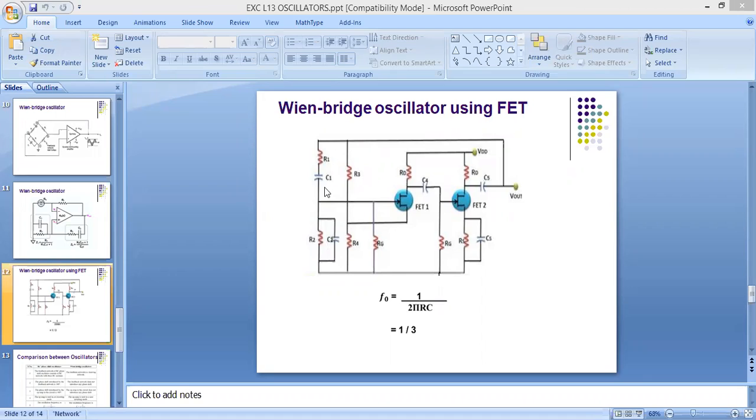This capacitor can change the frequency continuously. We can use this capacitor as a variable capacitor. If we draw a slanting arrow, we can say this capacitor is a variable capacitor, and we can adjust the value of the capacitor.